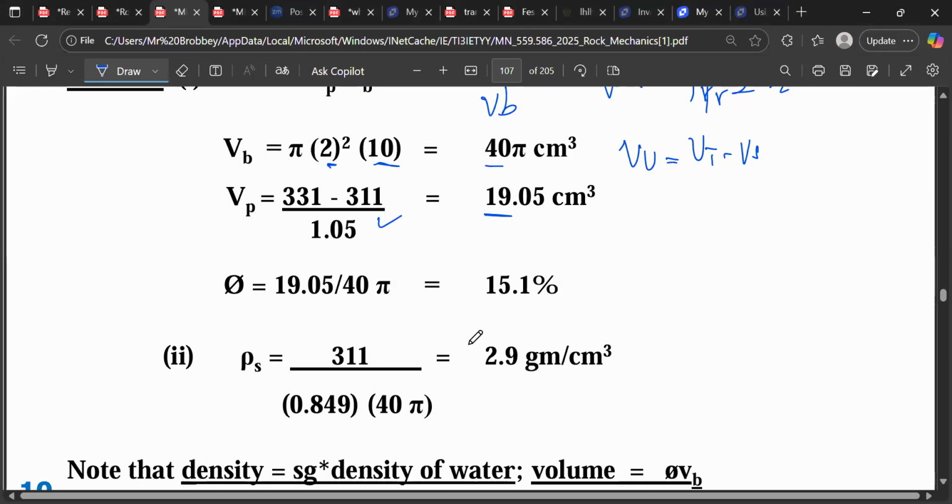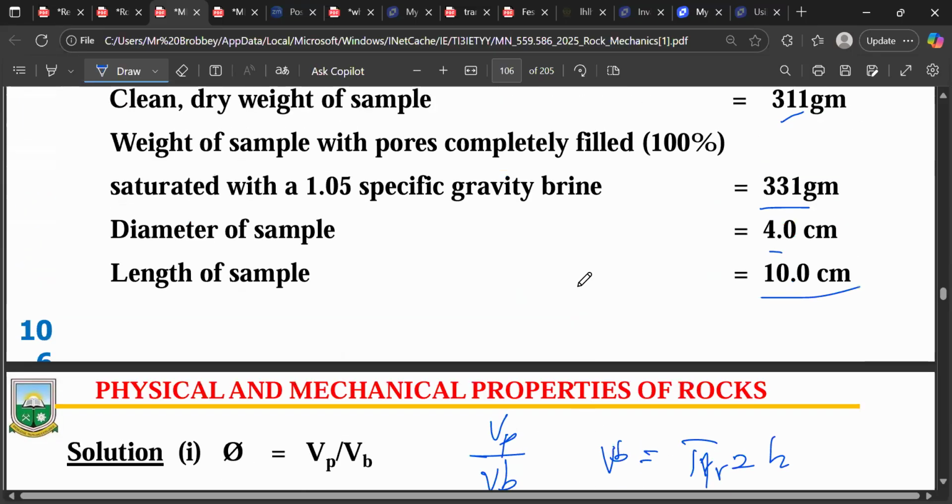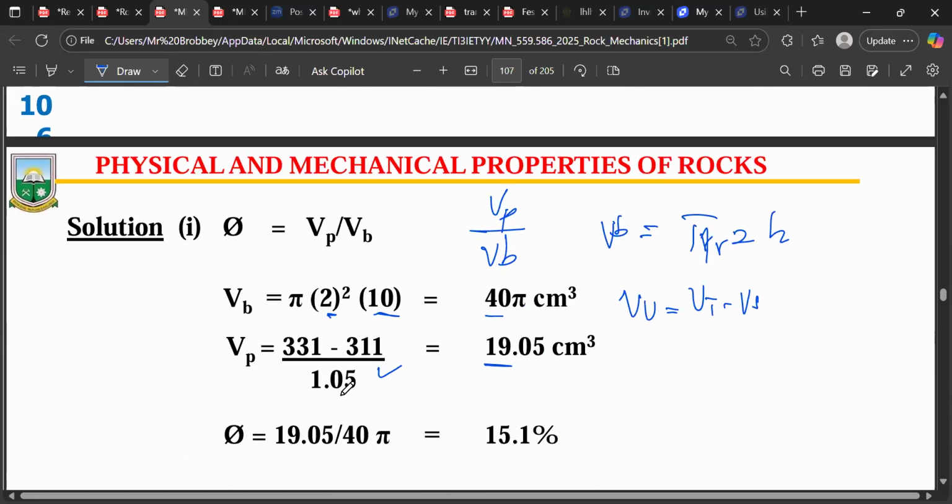So I don't want to really waste much time here. I want to try and finish. So Mr. Please, who asked the question? Yes, I asked the question. All right. So I want to say that you can deduce a density formula. So that is what they were doing. They were manipulating that density formula with the specific gravity, and then they were getting what we are getting now. All right.